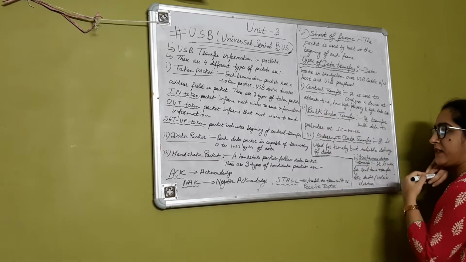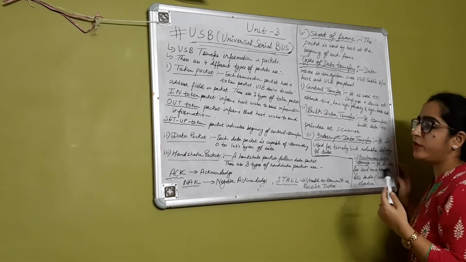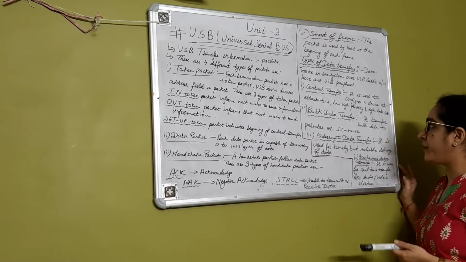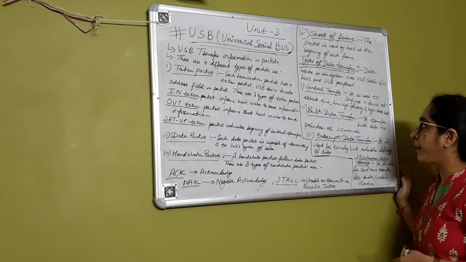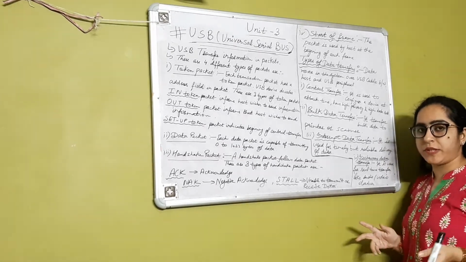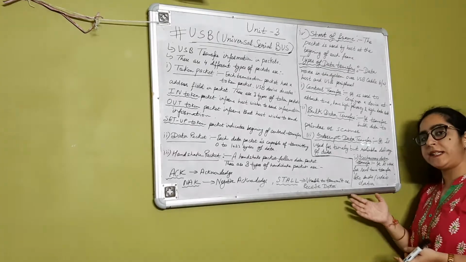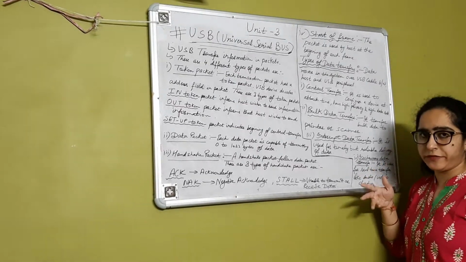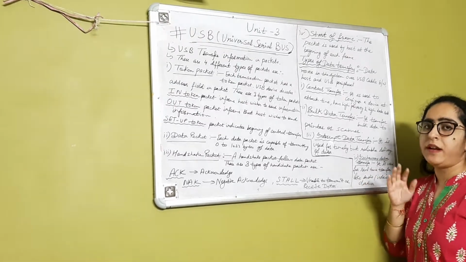One is control transfer. Control transfer is to configure a device at attached time, having high priority and high data rate. That means as soon as the device is attached to the system, it immediately starts configuring automatically, installing the driver.